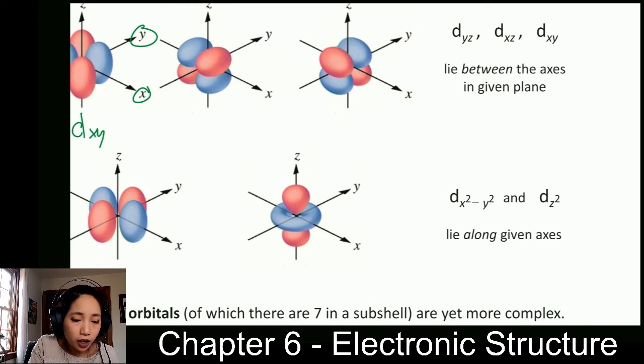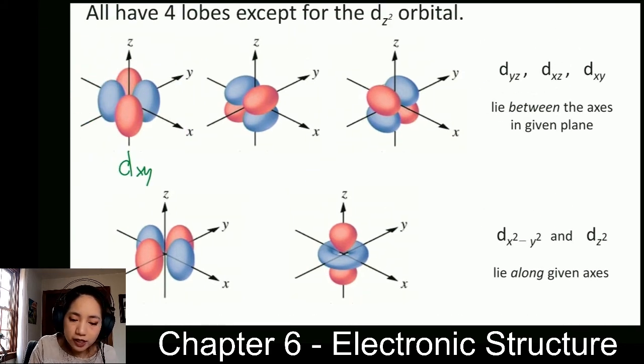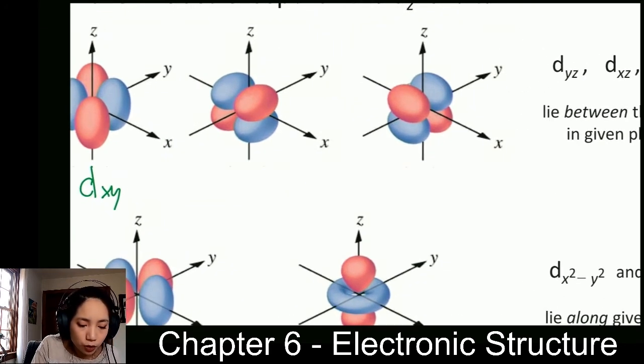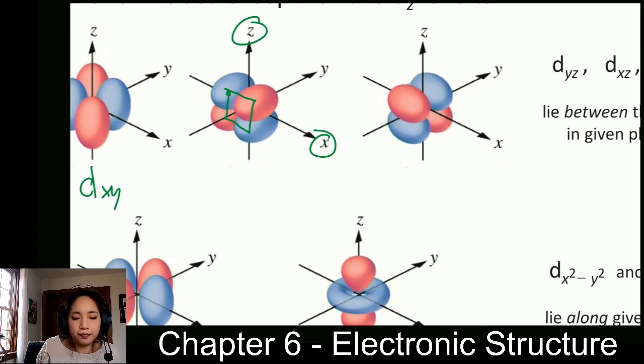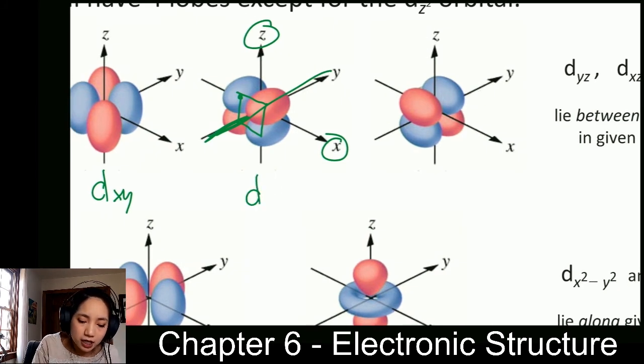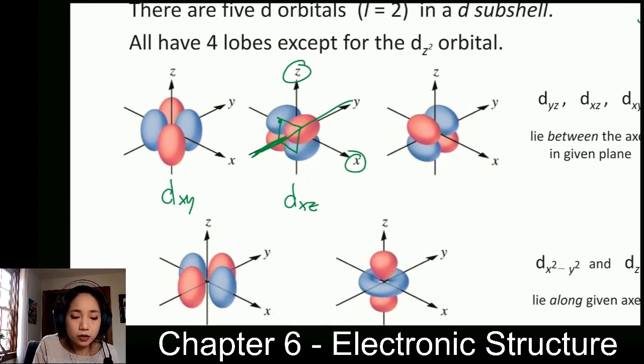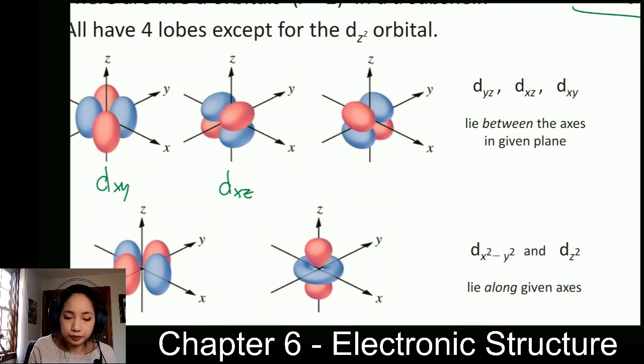Then if we look at the next shape here, I don't have these in order, I really should have them in order. Next, you can see that the lobes lie within the xz plane, and the y-axis is kind of spearing through it. So this orbital is our dxz orbital, because the lobes lie on the xz plane.